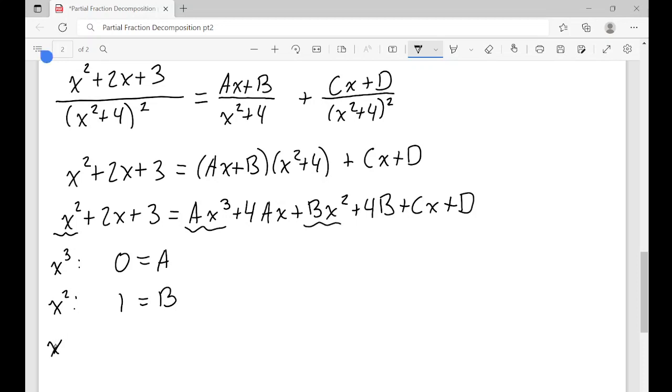Next is x to the first. And I have a 2 on the left side. And on the right side I have a 4a and I have a c. And finally my constant terms, x to the 0. I have a 3 here. And on the right I have 4b plus d.